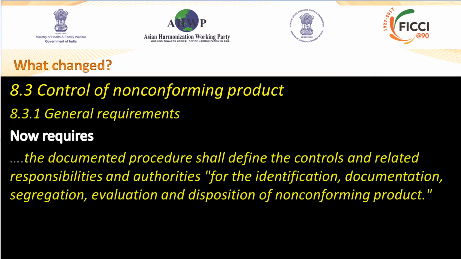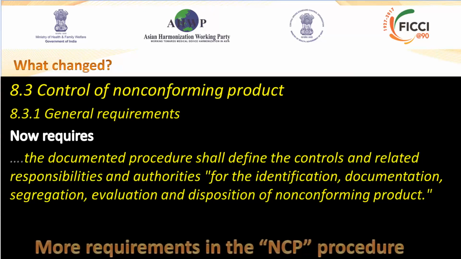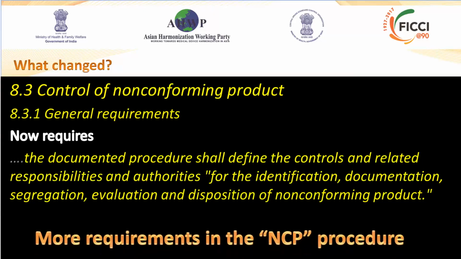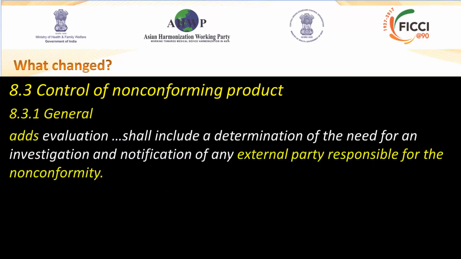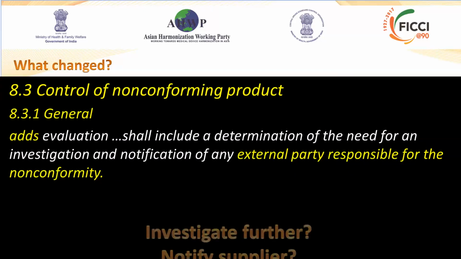Control of non-conforming product now requires that documented procedures shall define the controls related to the responsibilities and authorities for the identification, documentation, segregation, evaluation, and disposition of non-conforming product. There's just more requirements within section 8.3.1 for non-conforming product and that procedure. Also included, it adds evaluation shall include a determination of the need for an investigation and notification of external parties responsible for the nonconformity.